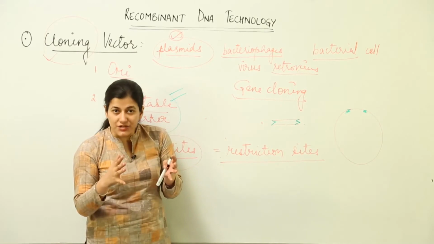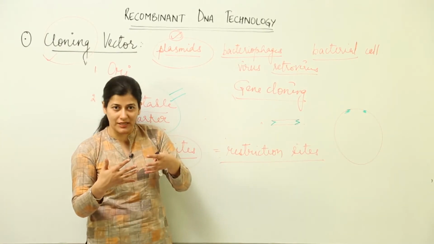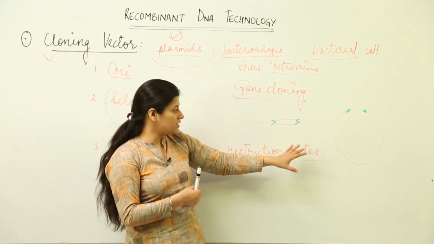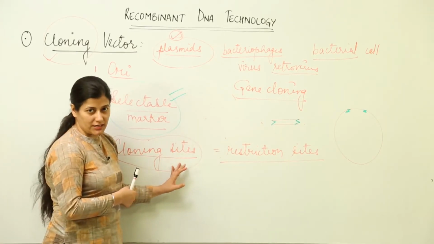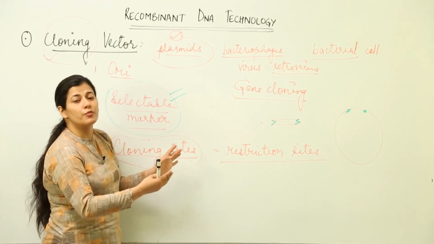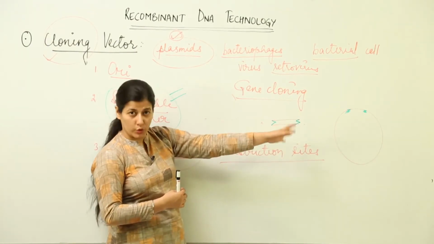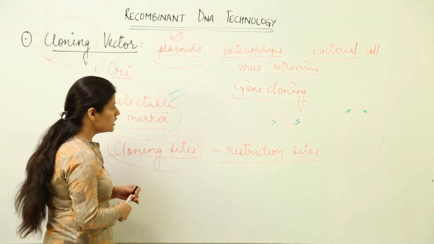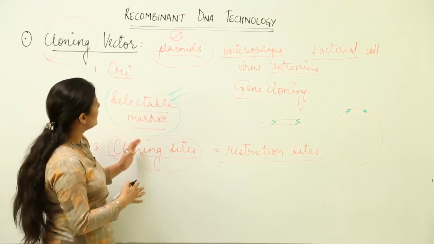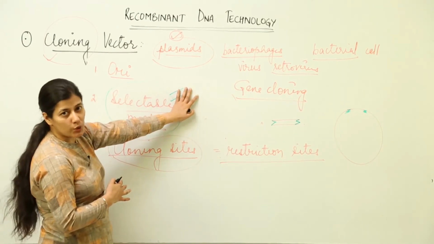You must have a site for incorporating something inside it, and that site is being provided by this cloning site, and that has to be common for both the cases. The restriction enzyme could come and work on both of them, and the same sticky ends would be produced. So this is all you have to keep in mind about the cloning vector.